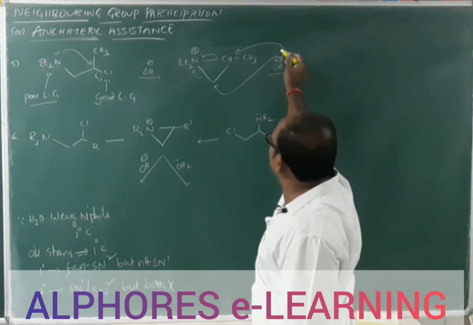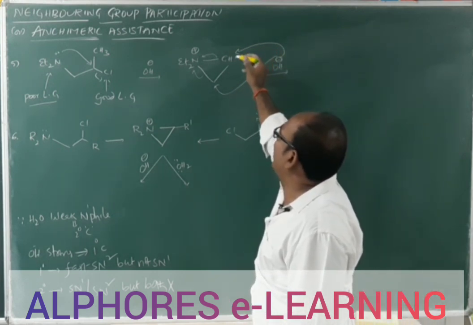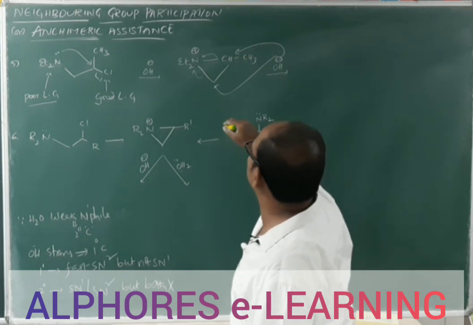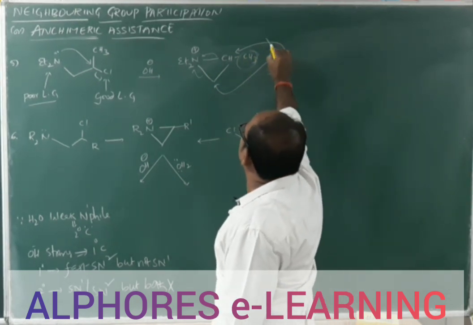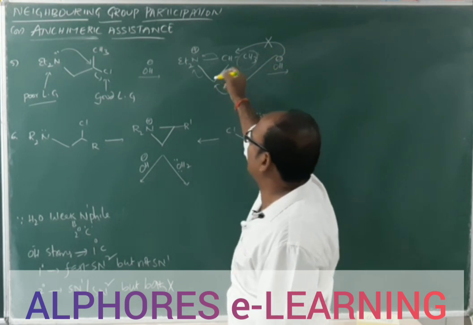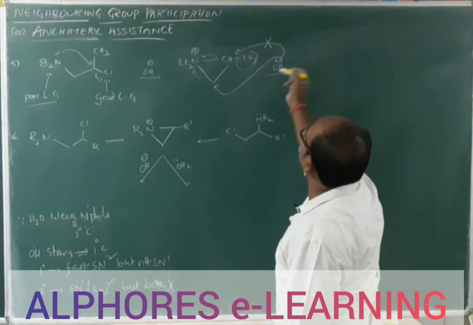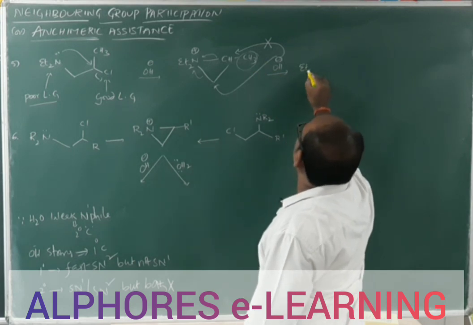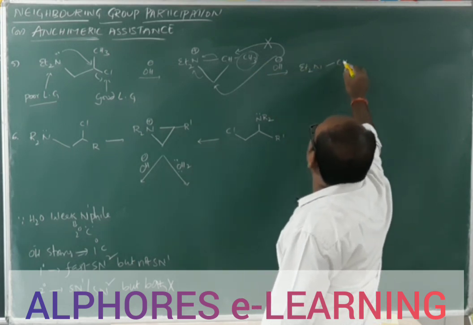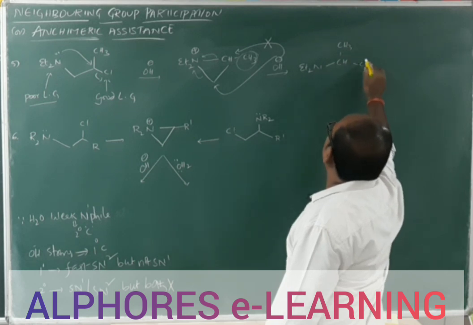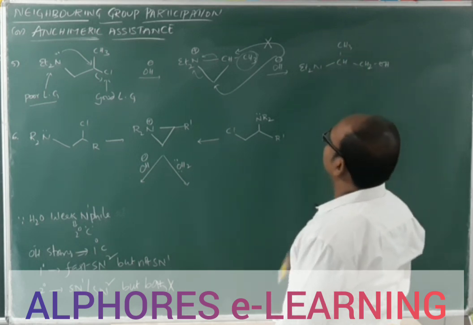OH minus approaching this carbon, particularly the methyl group containing carbon, is very less because it causes steric hindrance. That's why it preferably attacks upon this nitrogen containing carbon, CH2. As a result, what happened? Diethyl amine group, then CH, CH3 and CH2OH.